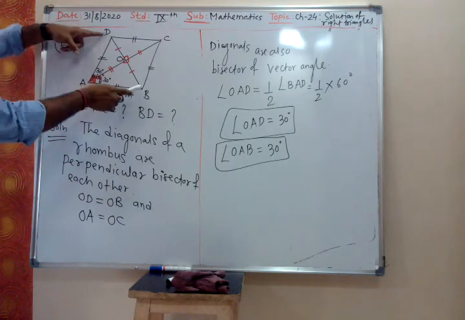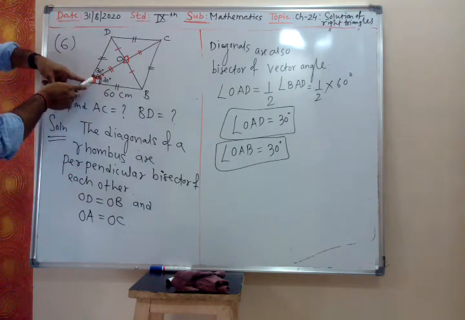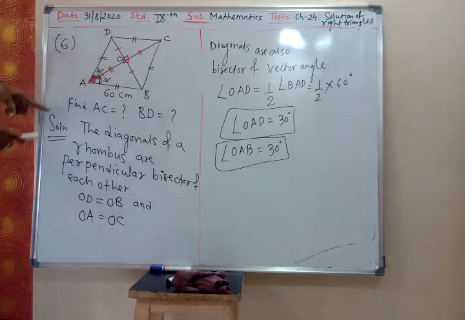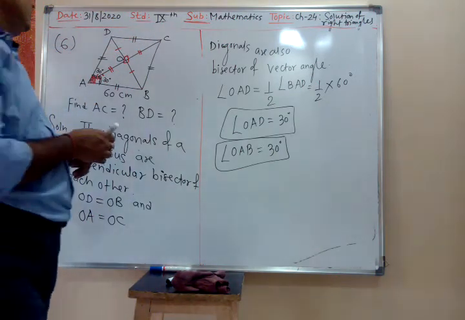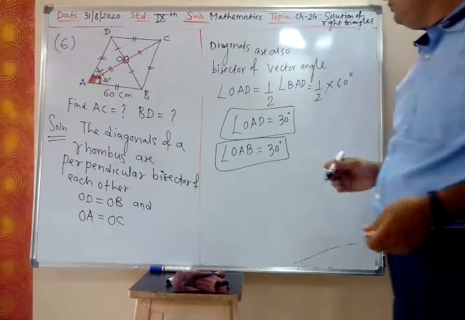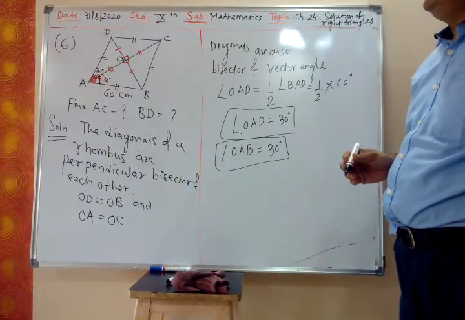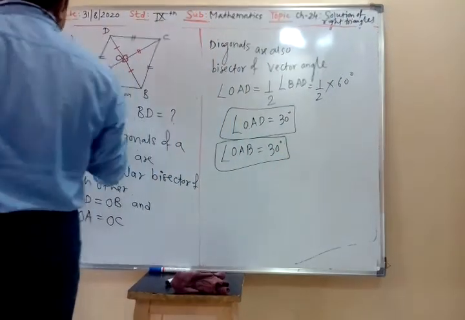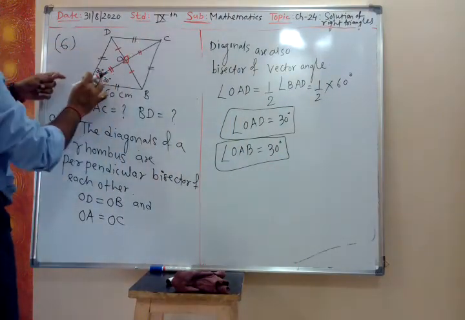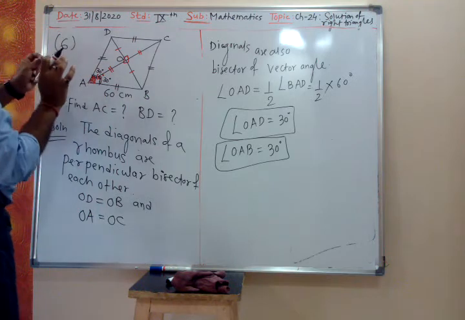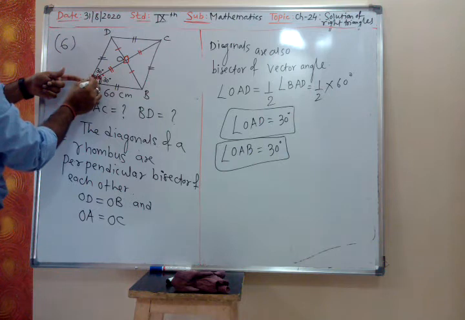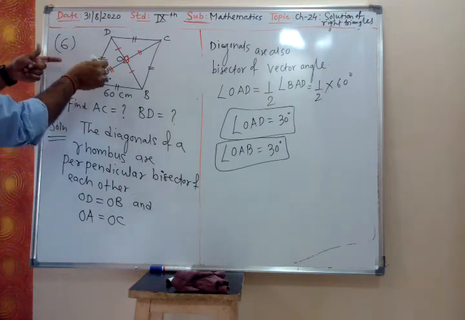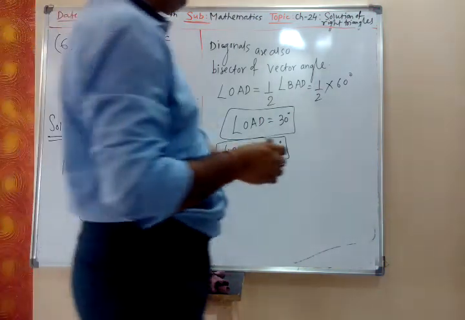The sides form the angle known as the vertex angle, and this vertex angle is divided by the diagonal. This angle and this angle will be different because it is a rhombus. We are given this complete angle 60. We don't know what C is.